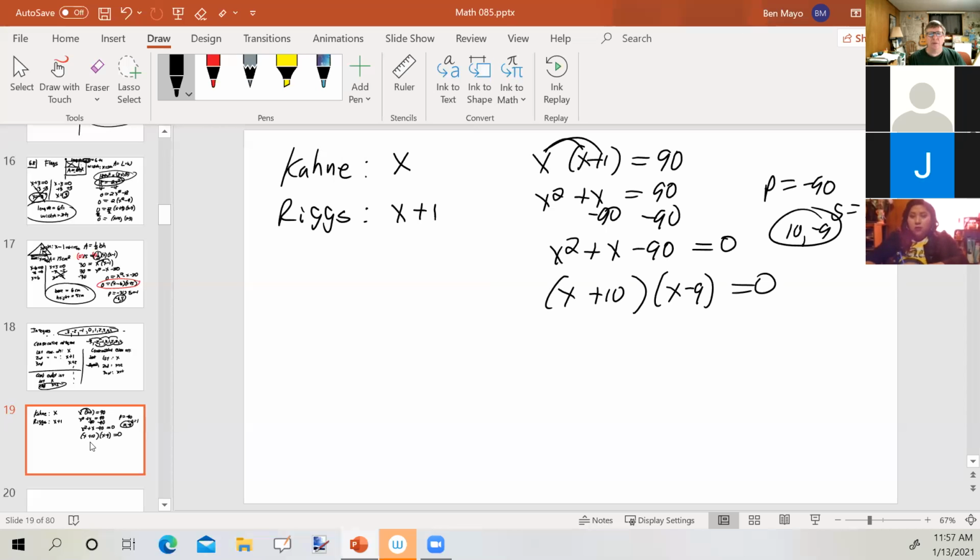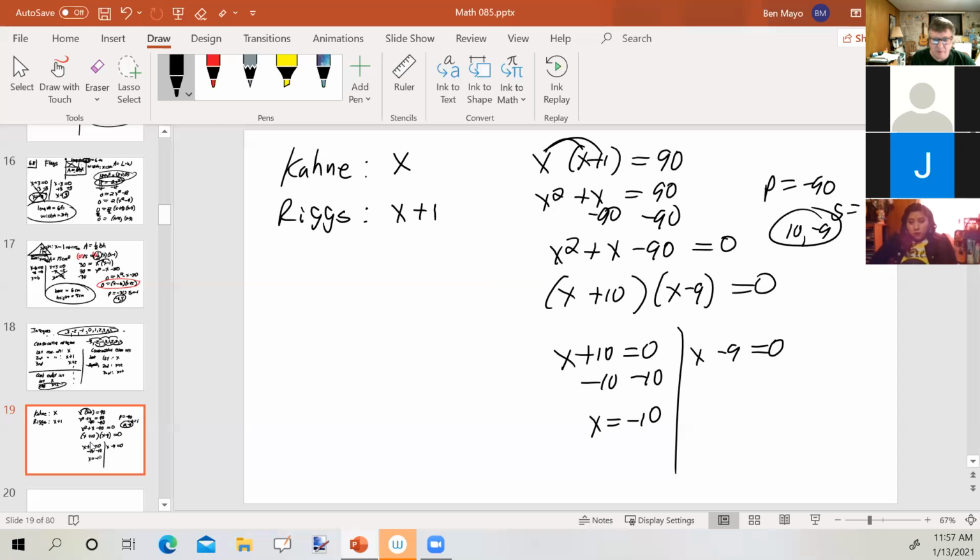So now that it's factored completely, we'll take each factor that contains a variable and set it equal to 0. X plus 10 equals 0. X minus 9 equals 0. We'll solve each first degree equation. The first equation, subtracting 10 from both sides, X equals negative 10. The second equation, adding 9 to both sides, X equals 9.